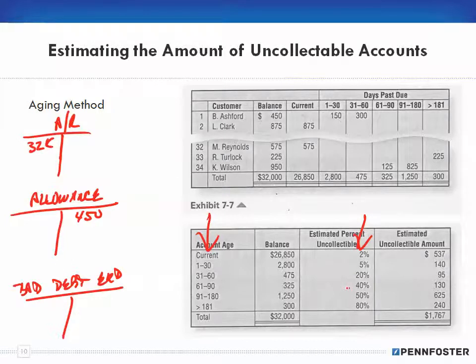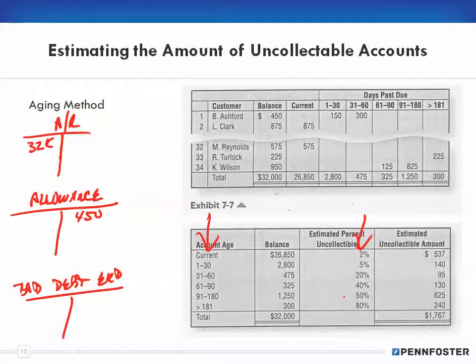Then when I hit December, as part of the year end, I would go back and revisit these percentages to see if they fluctuated in any shape or form. If they did, I'd use the new percentages for the next year. Okay. So you don't need to do it every single accounting period, but if you were a stickler, but really that's inefficient and a waste of time, unless your business really does vary a lot.